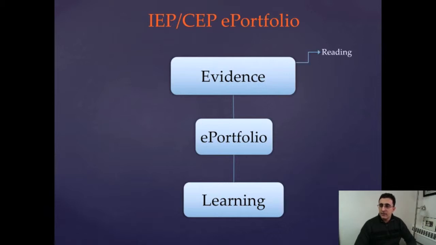So when we talk about evidence, we talk about evidence in the four skills that are covered in the IEP program or the CEP program: reading, writing, listening, and speaking. And the evidence is basically samples of your work and reflections around those samples that prove to us that you have actually improved in that specific area. So let's take a look, for example, at writing.